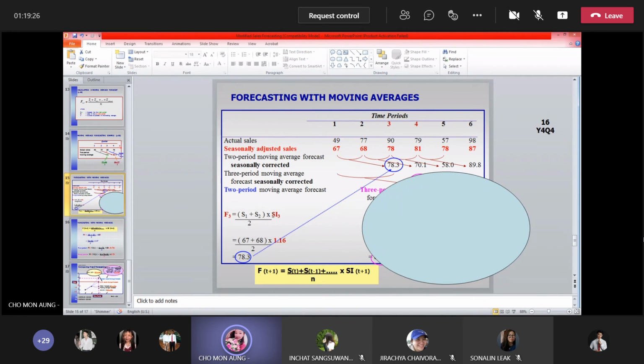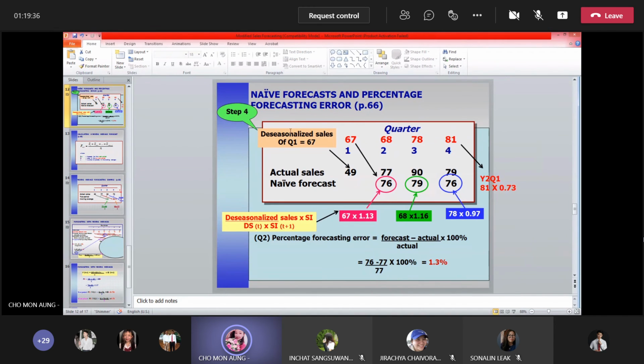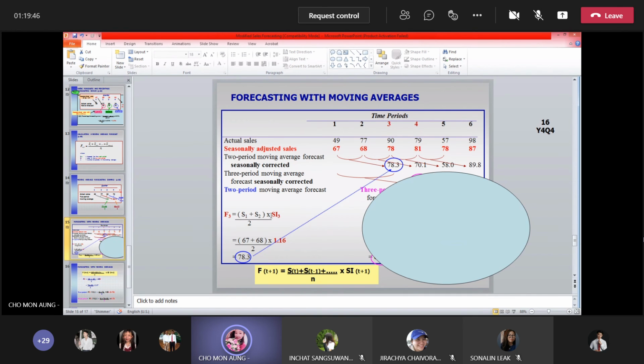But now you see something here. We multiply by seasonal index, right? Because just now when we did naive forecast, deseasonalized sales data is for that particular period, seasonally adjusted sales data. But we are estimating for the next period, therefore we have to multiply back by the seasonal index of the next period.